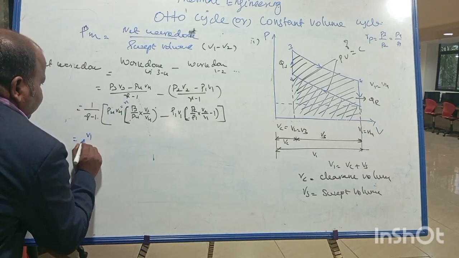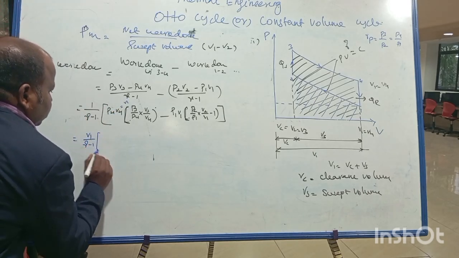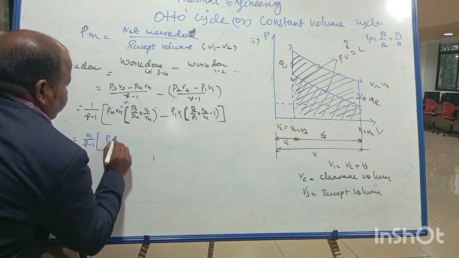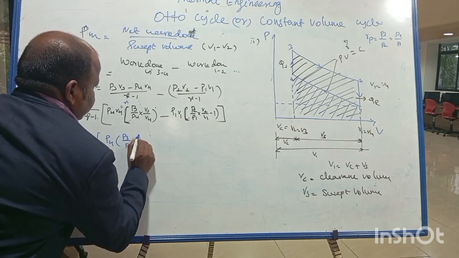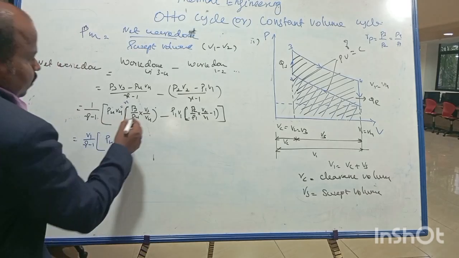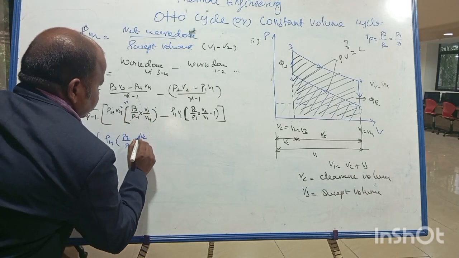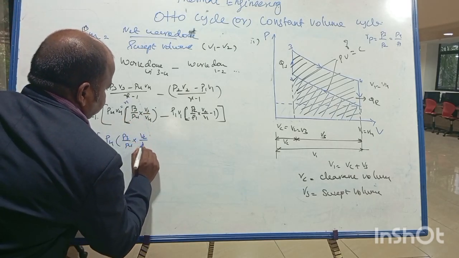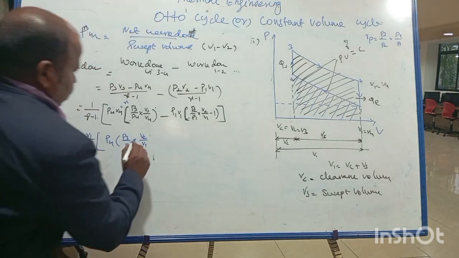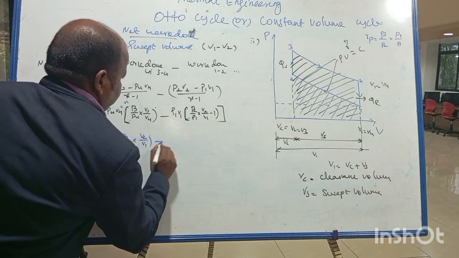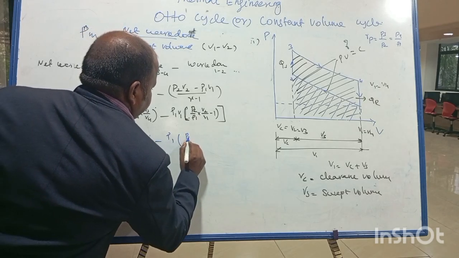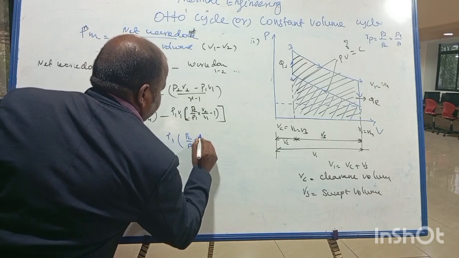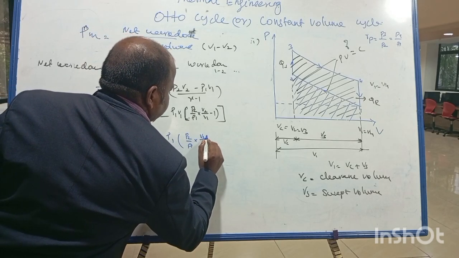So V1 divided by gamma minus 1 into P4 into P3 divided by P4 into this V3 by V4. I am going to replace this V3 as V2, this V4 as V1, minus of P1 into P2 by P1. Already we have a V2 by V1.